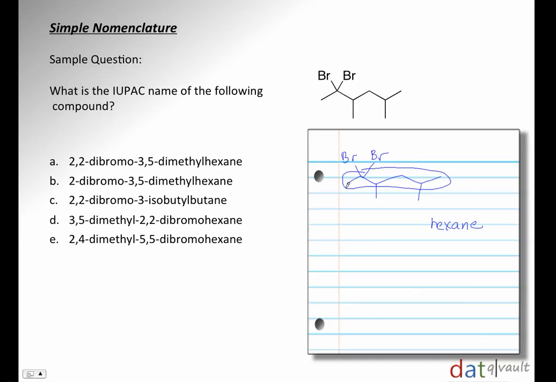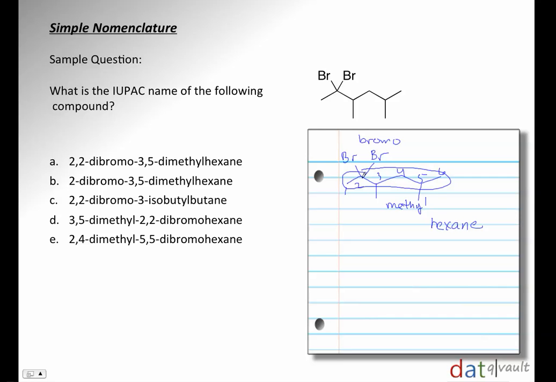Alright, if we start numbering from the left-hand side, we'll get substituents with the lowest numbering pattern. These substituents up here are bromo substituents. And then down here we have 2 methyl substituents.